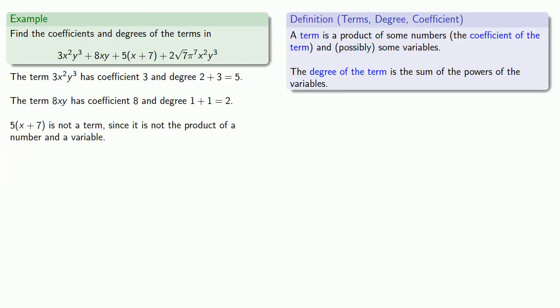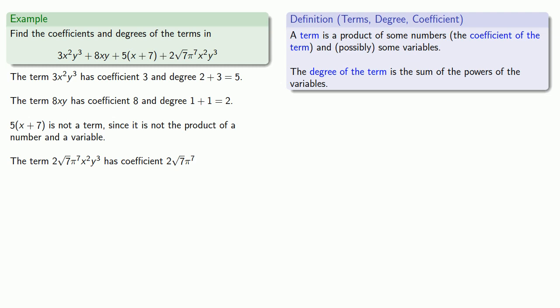The next thing, 2 square root 7 pi to the 7 x squared y cubed, is a product of some numbers and some variables. So it's a term. The coefficient is the number part, 2 square root 7 pi to the 7th. Remember, pi is itself a real number.